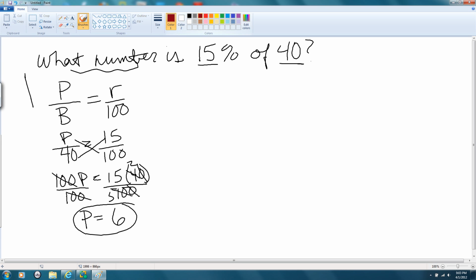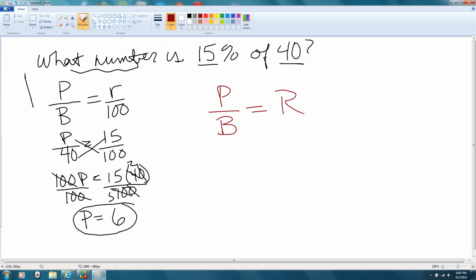Your book doesn't do it, and I'm not going to test you on it, but you should be aware of this. Sometimes you see this as part over base is equal to big R. And basically, it's all the same rules that we used before to find the part, the base, and the rate.